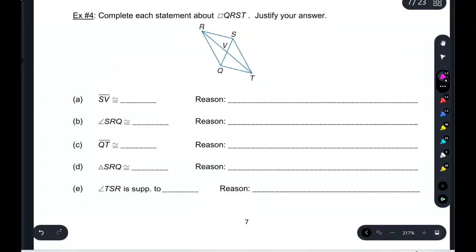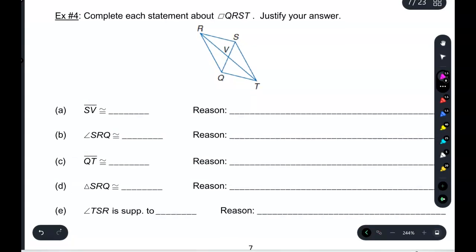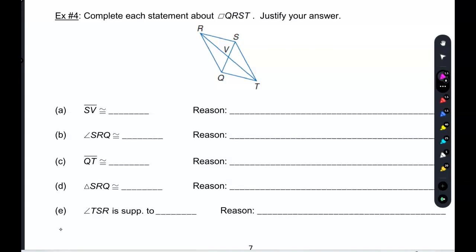All right. Okay, so here we have a parallelogram. So we just want to fill in the blank, which are each of these congruent or supplementary to. So SV. VQ. Good, VQ. Okay, we need a reason.